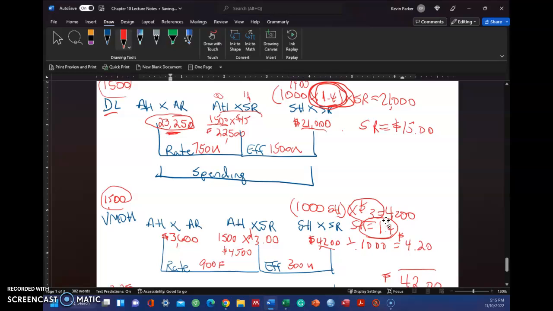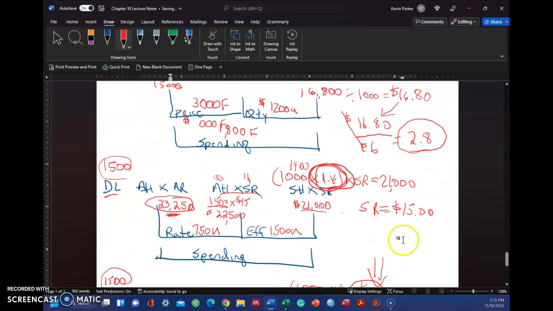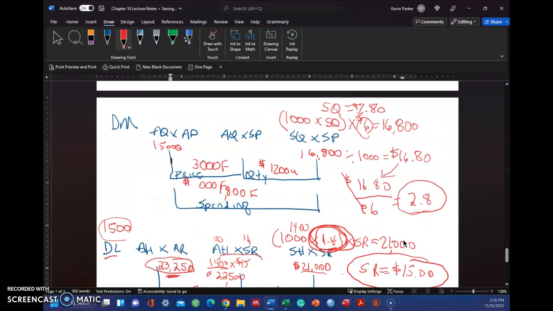The standard rate given for variable overhead is $3. We calculated the standard rate for direct labor in the prior video, 15. And we were also given that the standard cost per yard is $6.